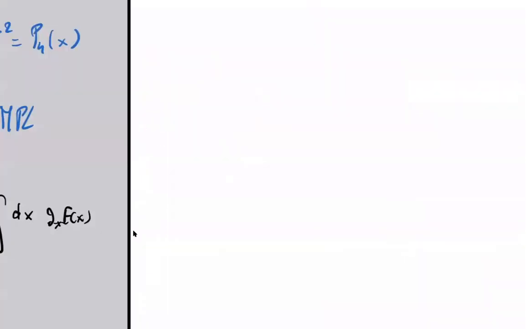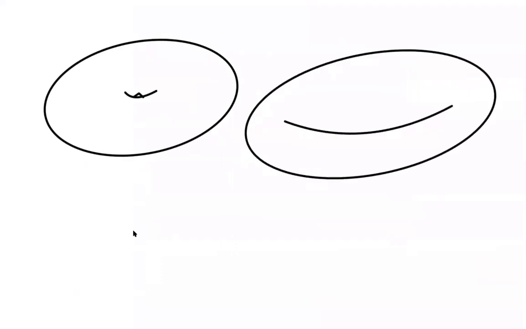So for example, for one choice of a's, I may get a very thick donut. For another choice, I may get a very thin donut. But those are not the same. Changing the kinematics amounts to changing the shape of the elliptic curve. We'll come back to that tomorrow.